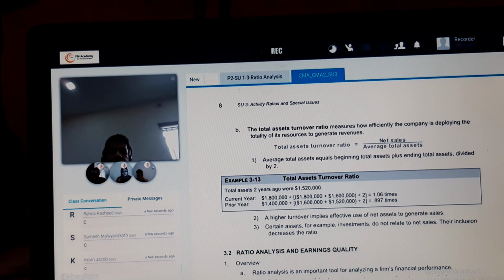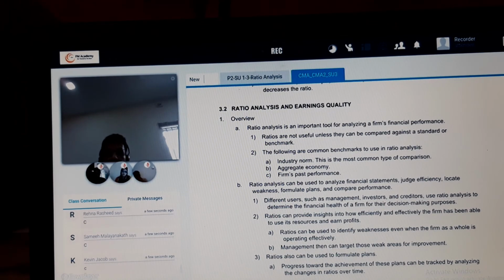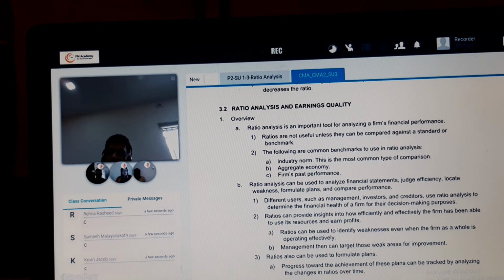Ratio analysis is an important tool for analyzing the firm's financial performance, right? So that we have already seen. Ratios are a very important tool in analyzing the firm's financial statements. When you say the company's advertisement expenditure is this much, you will not have a clue.